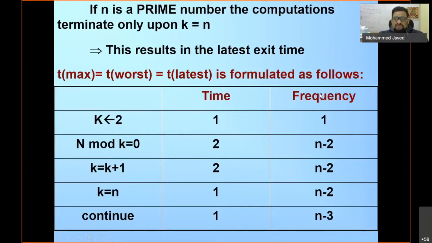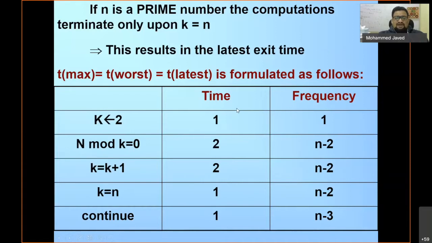Now I will also see the frequency of these calculations. The initialization happens only one time, whereas n mod k happens n minus 2 times, because this is the repeating code. So n minus 2, n minus 2, n minus 2, and the continue will happen n minus 3 times.